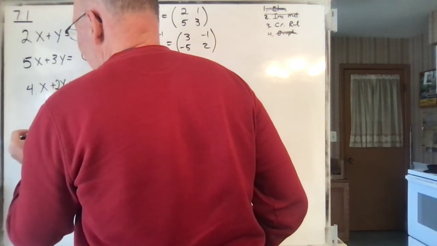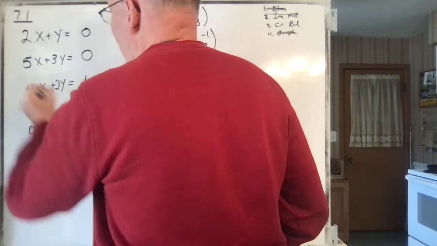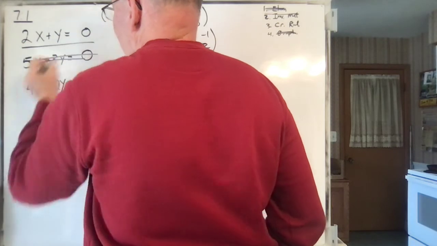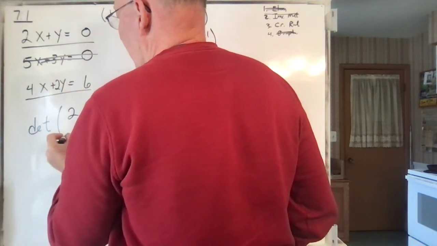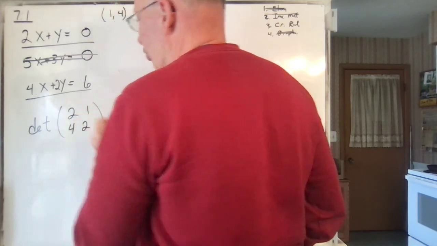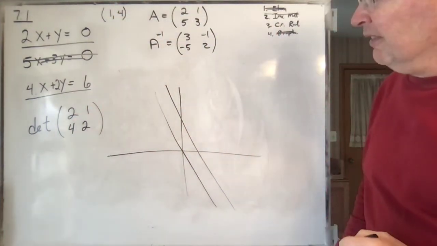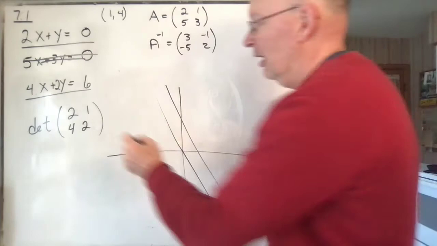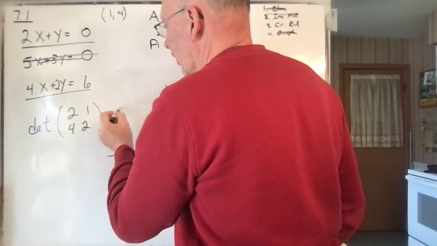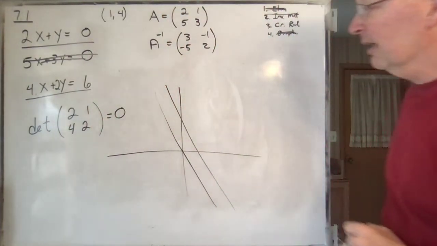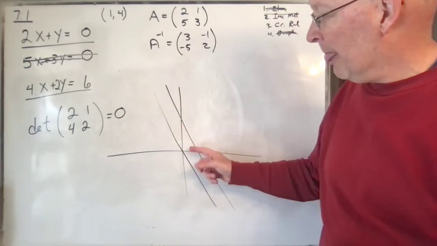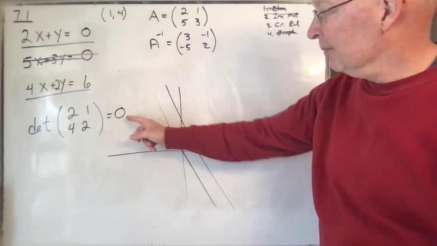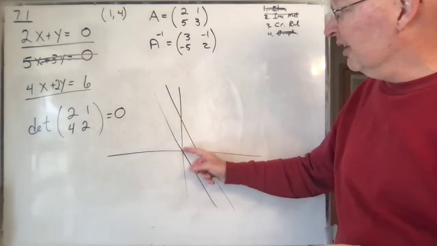If you were to take the determinant of this system, what would you get? You get 2, 1, 4, 2. What happens when you take the determinant of that? You're going to get 4 minus 4 is equal to 0. Aha! That's significant. There is no solution when that determinant is equal to 0.